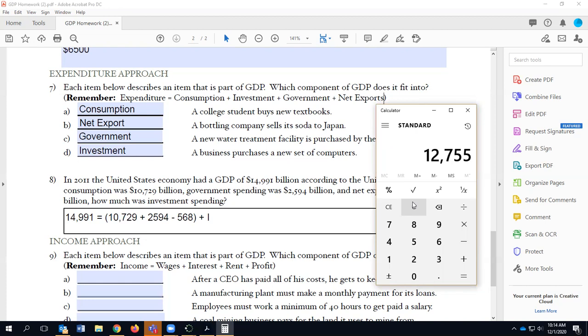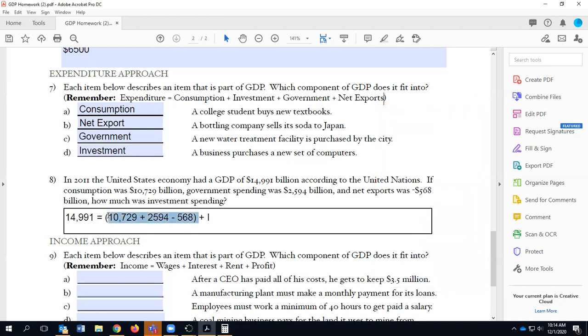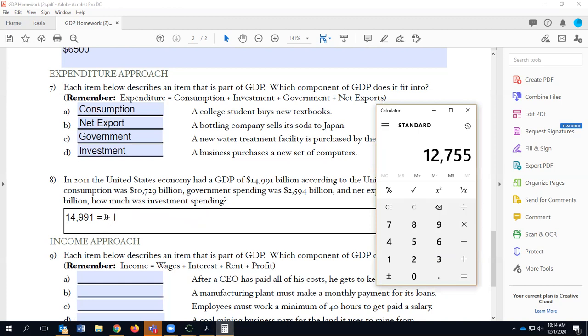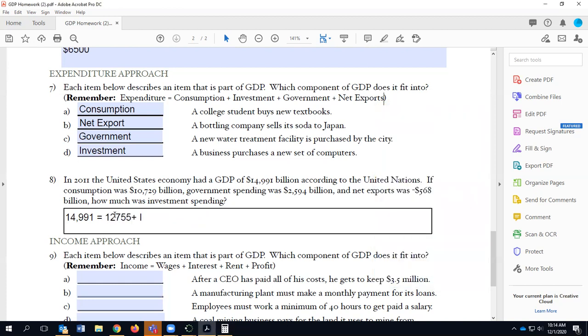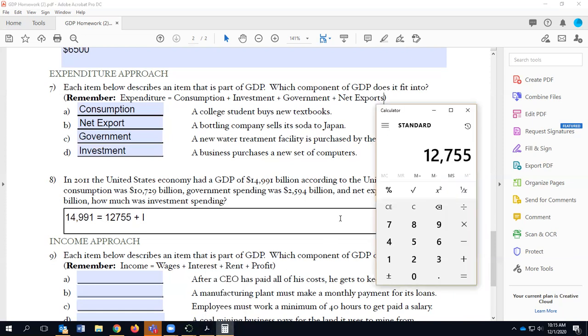Right, good. So now I'm going to replace our parentheses with 12,755. Now this 12,755 is a positive number. So in order to get this I by itself, I have to switch it over here. I have to subtract 12,755 from 14,991. So we're going to do 14,991 minus 12,755.